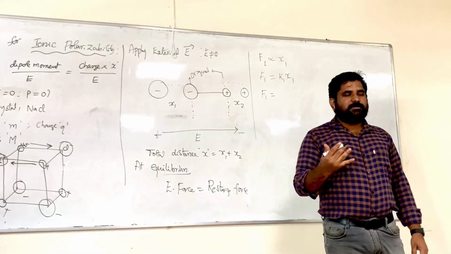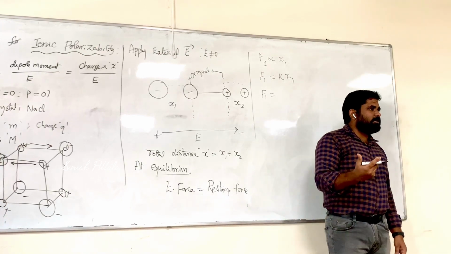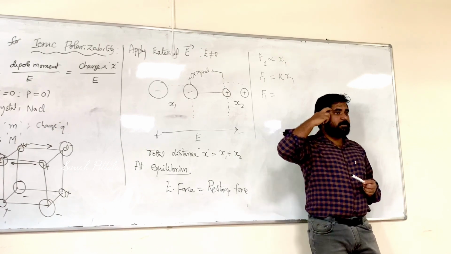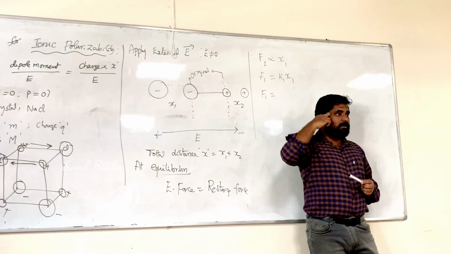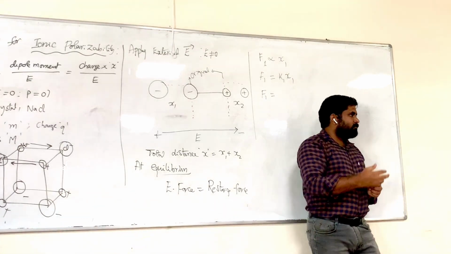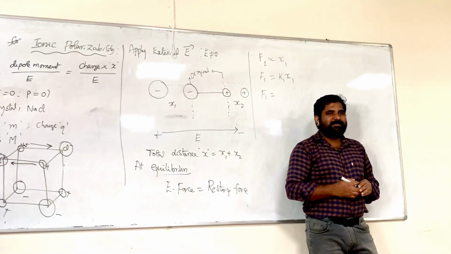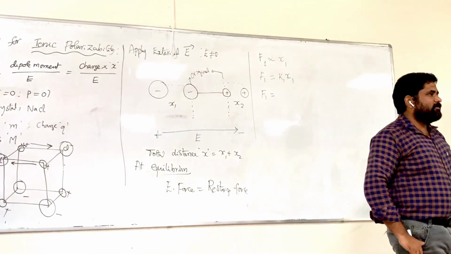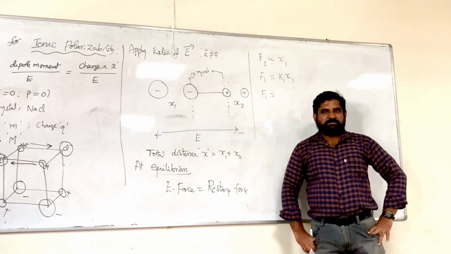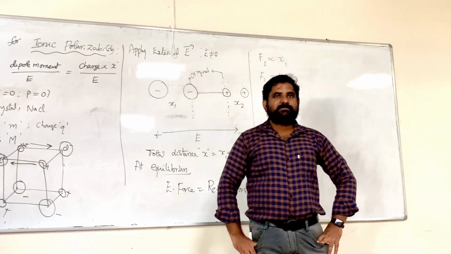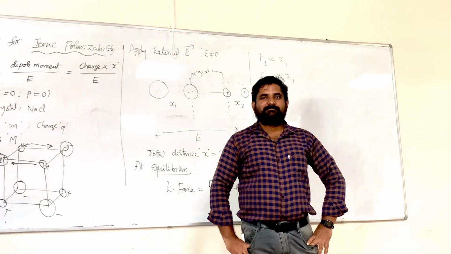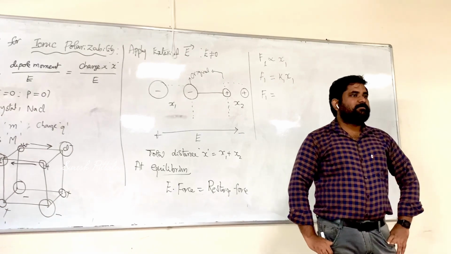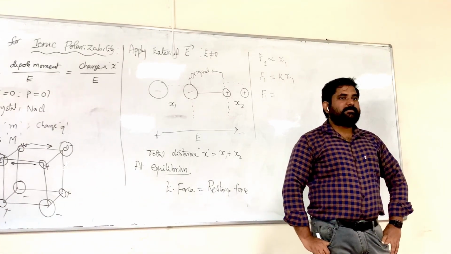Force constant. K1 depends on the mass, right? It depends on the mass and some other parameter also. Anybody remember? K is equal to mass into something square.